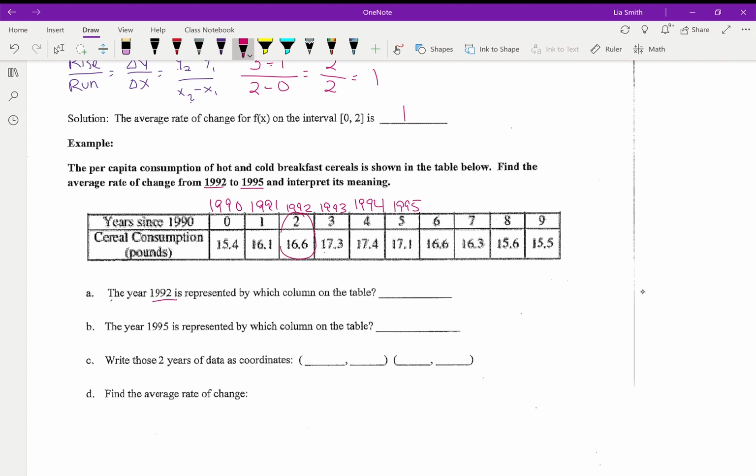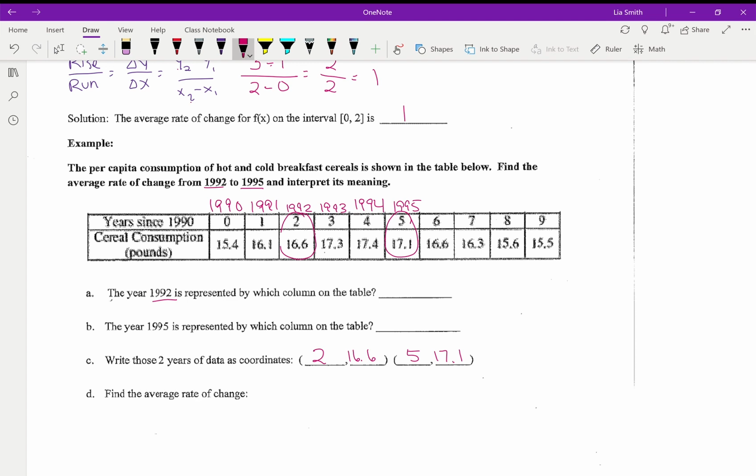Okay, in 1995, it's represented in the 5th column. So write those 2 years as coordinate points because we're going to need those coordinate points in order to do our equation for rate of change. So the first one for 1992 would be 2, 16.6. And then this one here would be 5, 17.1.